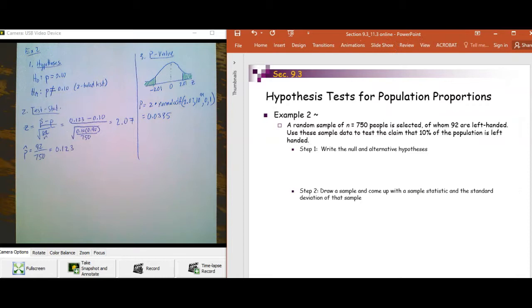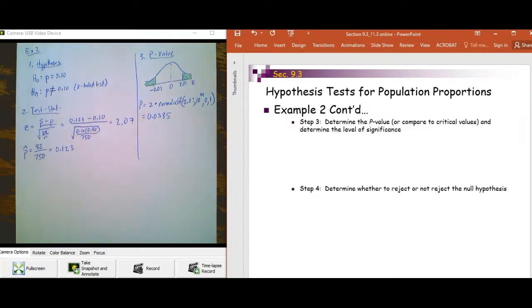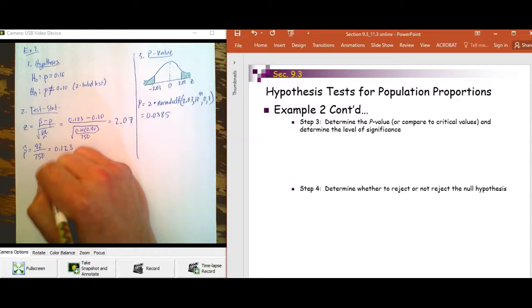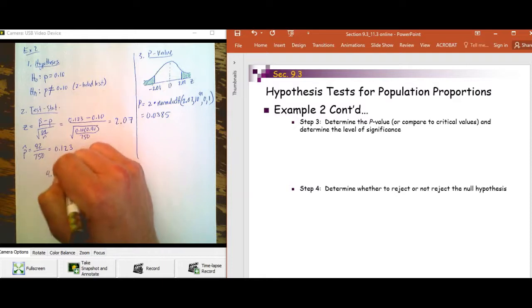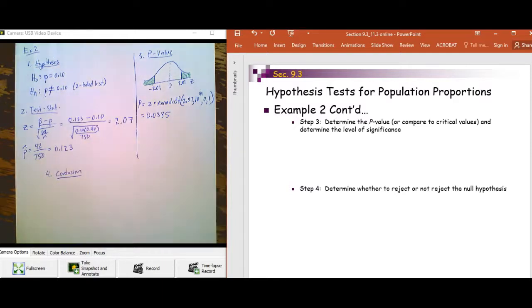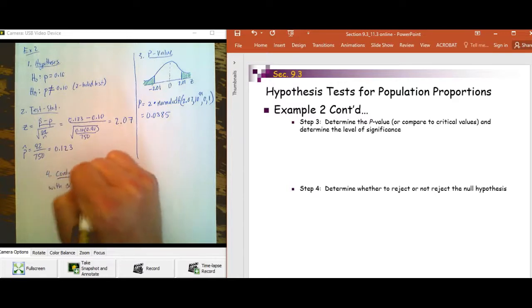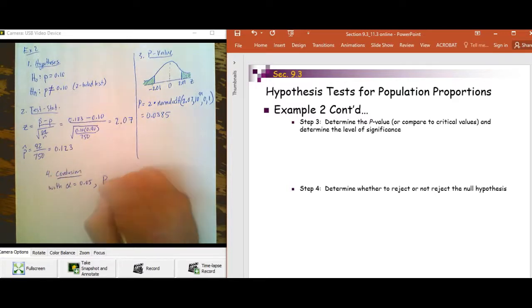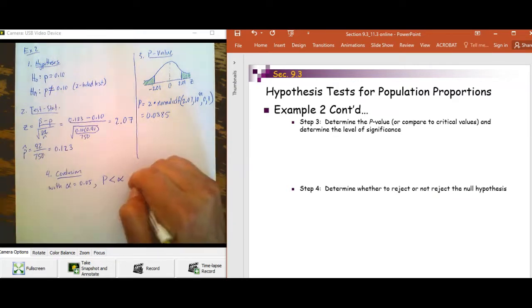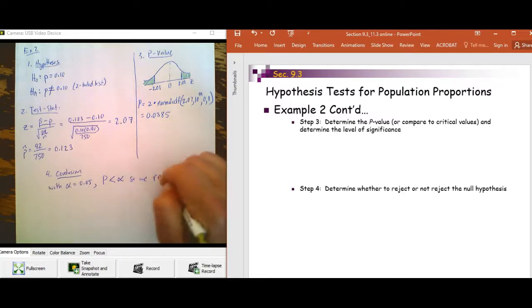And lastly, our conclusion. The problem did not give us alpha, so we'll just assume it's 0.05 again, with alpha equal to 0.05. How does the p-value compare to alpha? It is smaller than alpha. P is less than alpha, so we reject the null hypothesis.